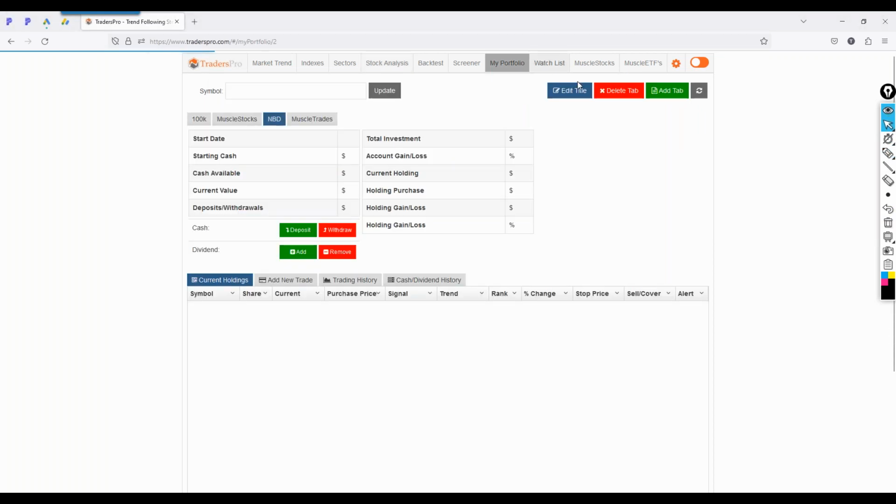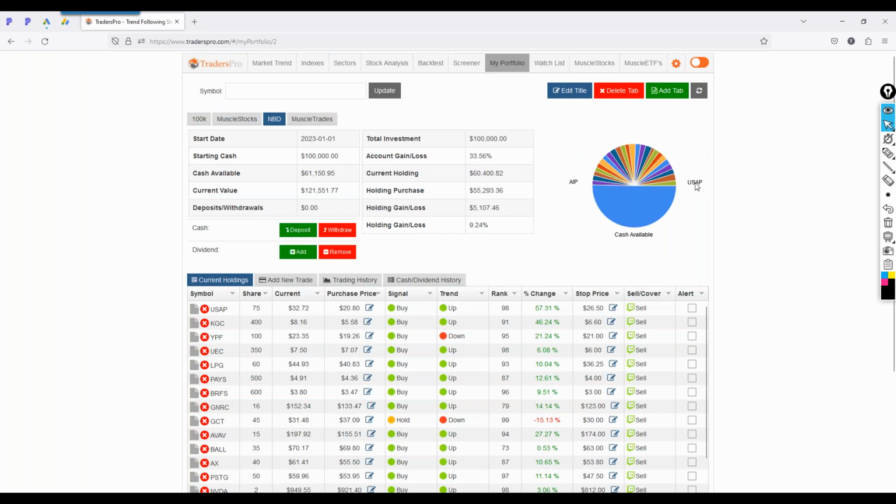If we go to the portfolio and look at the slices of the pie, USAP was taking a lot bigger chunk. It was taking almost both of those right there. So it was becoming a larger piece of the pie. Once you get a larger piece of the pie and it's up here and it retraces, that stings a little bit more. So that's a double-edged sword, because it's a stock that's working well for you, and you don't necessarily want to sell all of it, but at the same time, a retracement can add a lot more volatility.